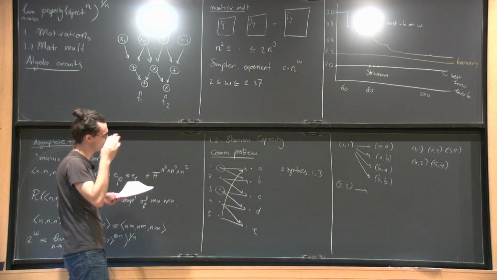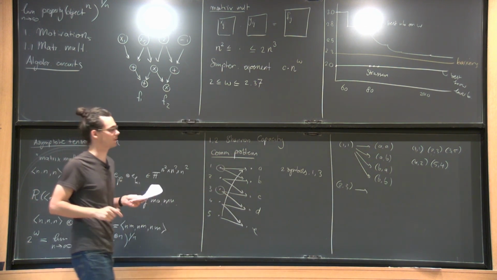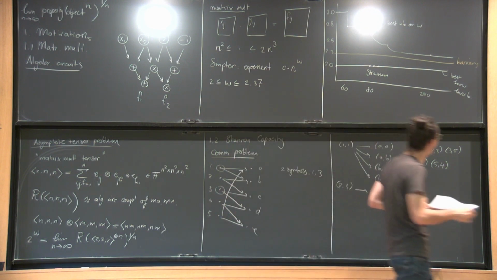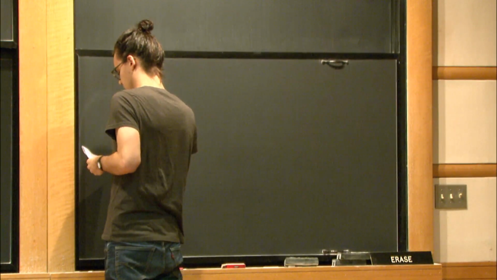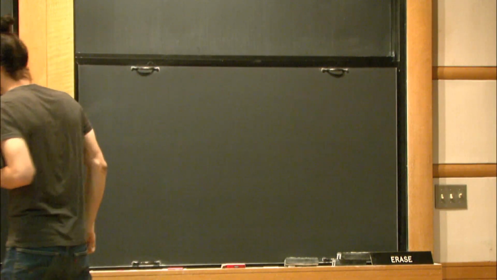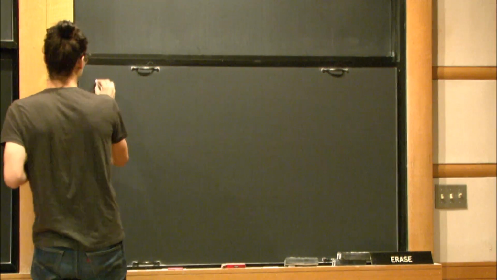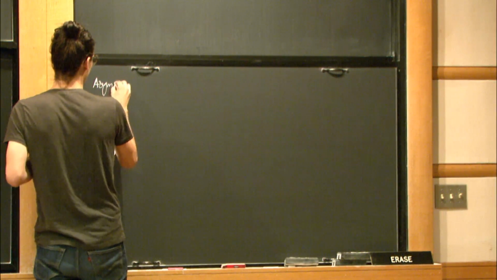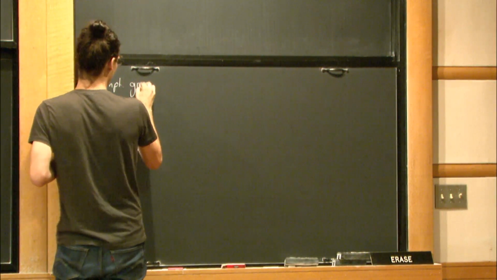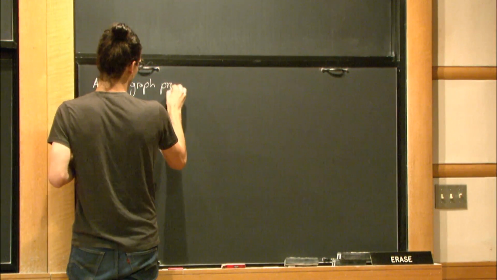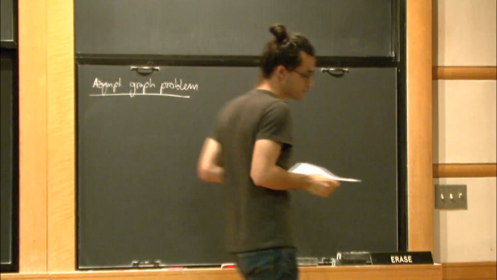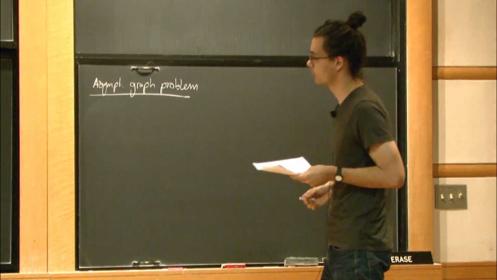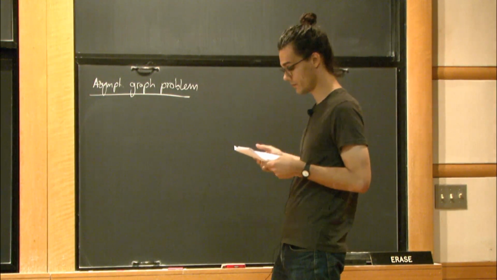Let's turn this into a graph theory problem. So the first step is to forget about the outputs. We construct a confusability graph.